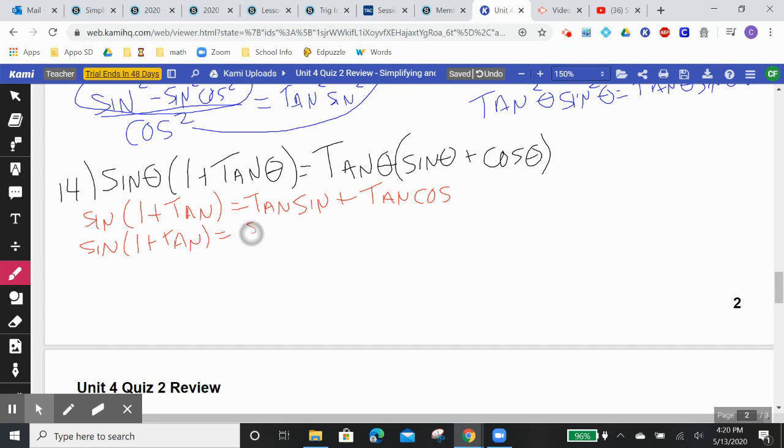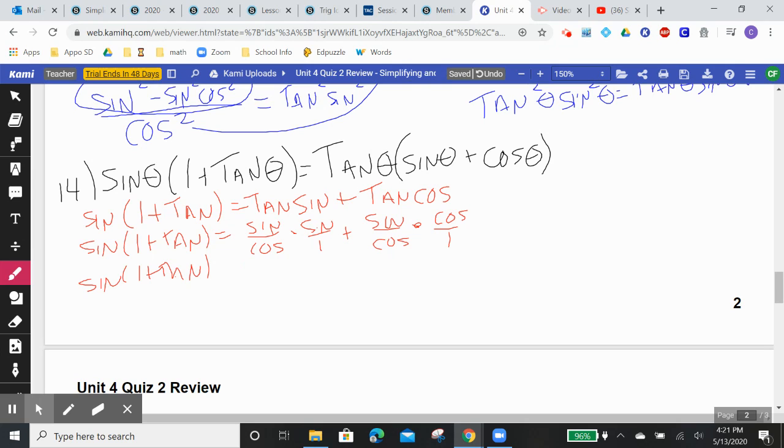Here, tan, don't forget, is sine over cosine times sine over 1 plus sine cosine times cosine over 1. Remember, I'm doing nothing to this side, so let's leave this alone. That's what I want to get it to look like.